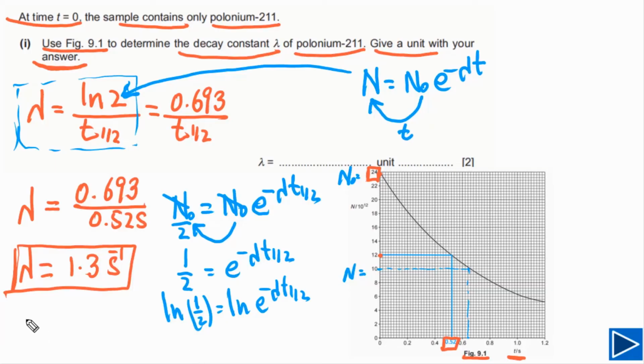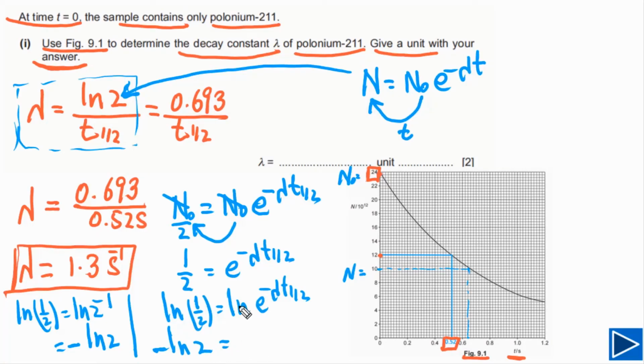Ln 1 by 2 we can write as ln 2 to the power of negative 1. So we can say negative ln 2, with a minus sign in front of ln 2.